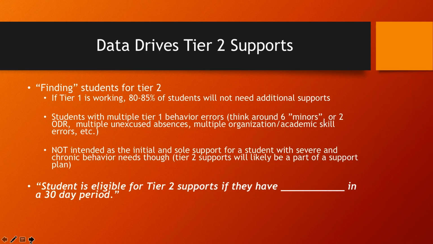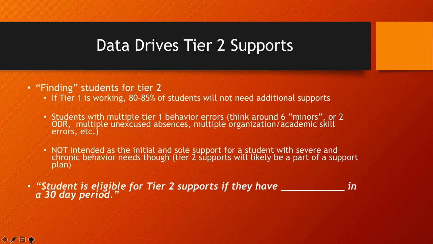If our Tier 1 is working well, we should be seeing about 80–85% of students not needing additional support. This means that we're teaching the fluency, the behaviors that we expect in the settings we expect to see them in. We understand that behavior error occurs and that it's not unreasonable to expect a student to be retaught a couple times.